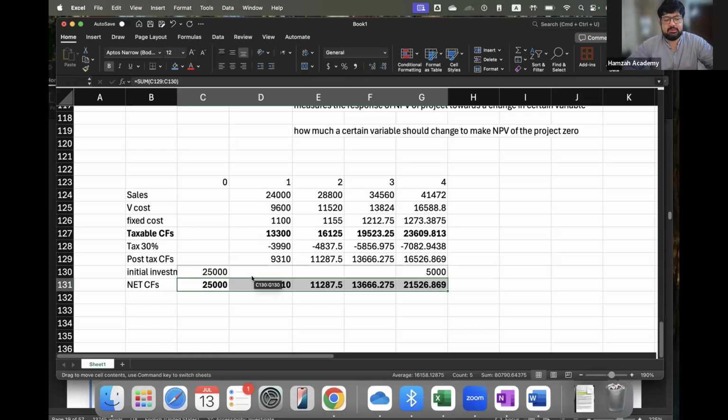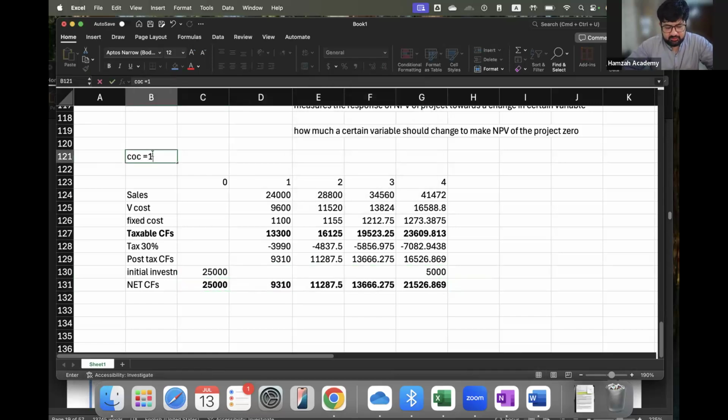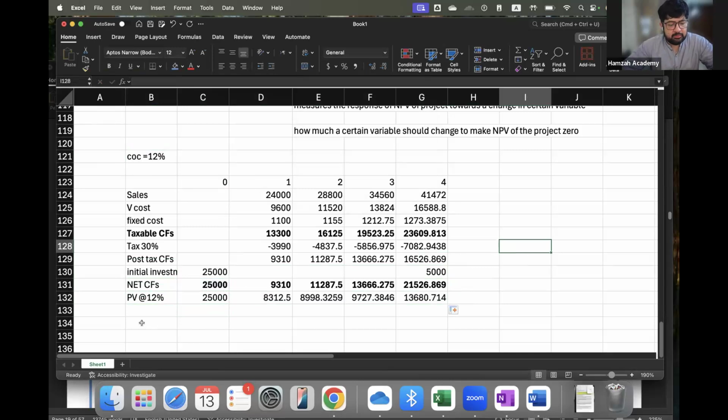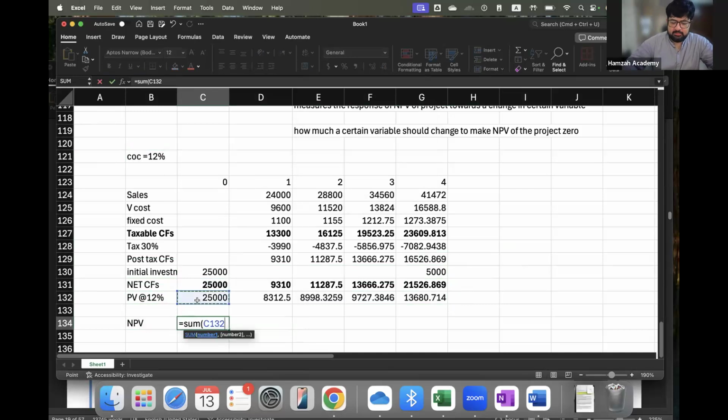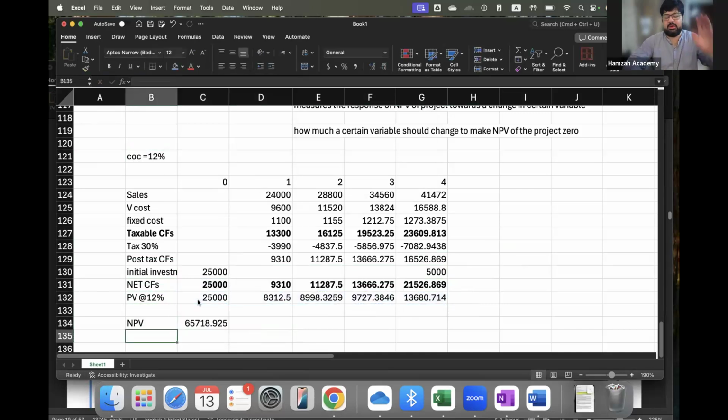For example, cost of capital is 12%. So present value at the rate of 12%: this into 1.12 raised to the power minus this. So NPV is equal to the sum. Here it is. This is the NPV of the project.